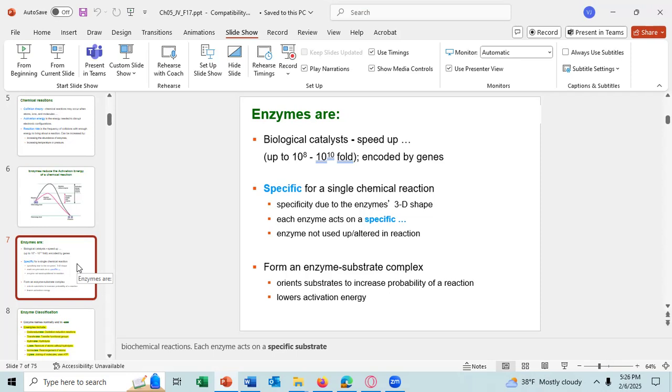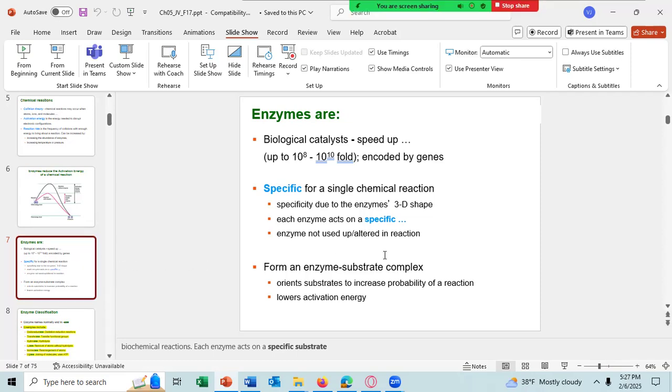And each enzyme acts specifically with its substrate by binding to the substrate with its active site. So there actually is a part of the enzyme which binds to the starting substrate. It forms a complex, and then the enzyme can perform the chemical reaction.